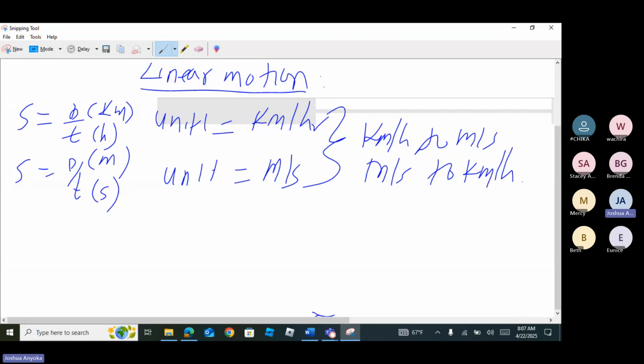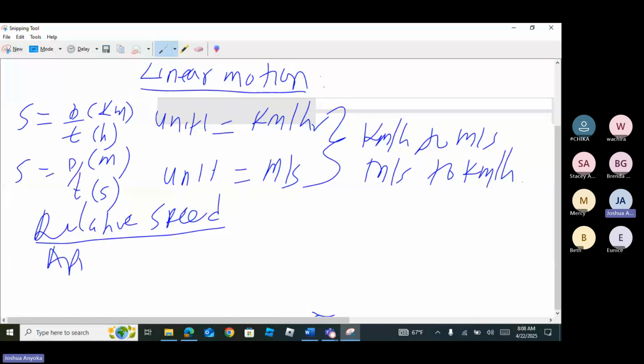After knowing that, now we bring in the aspect of a few details. We bring in relative speed. Relative speed, we have two aspects. We have bodies which are approaching each other, or they have movement in opposite direction.